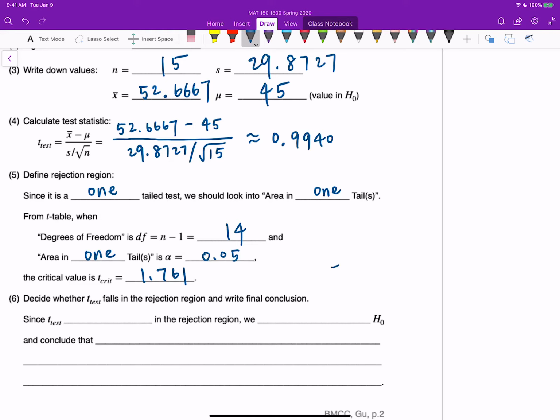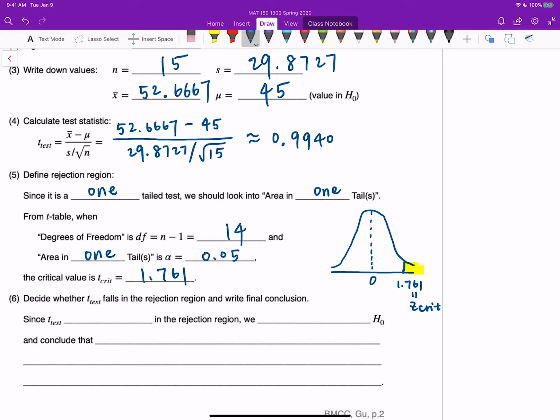You could draw a t-distribution, which is just like a normal distribution. In the middle, of course, you have 0. Let's mark our critical value, 1.761, right here, with a little vertical bar. Highlight everything to the right because it is a right-tail test. This is our critical value.